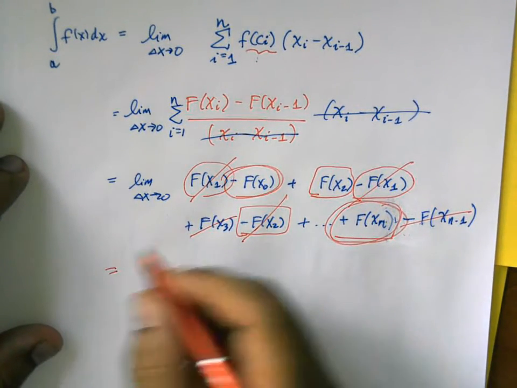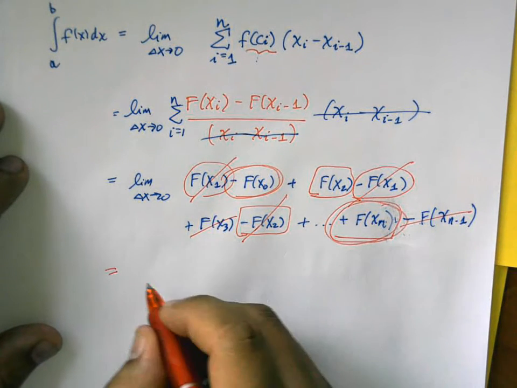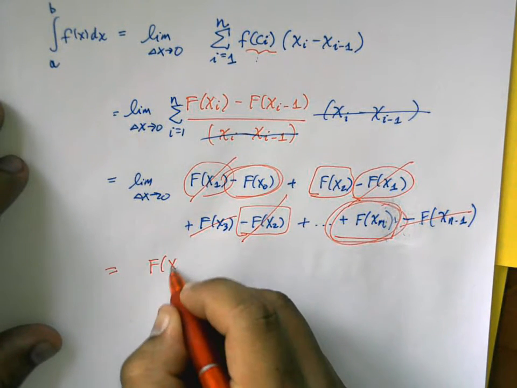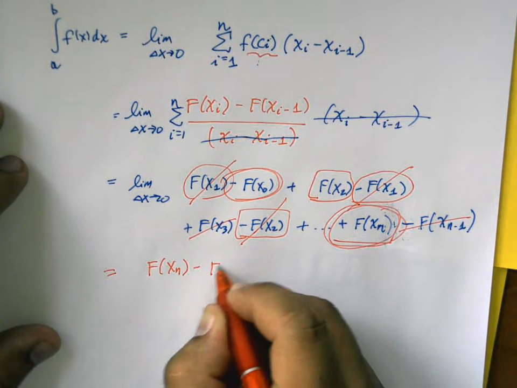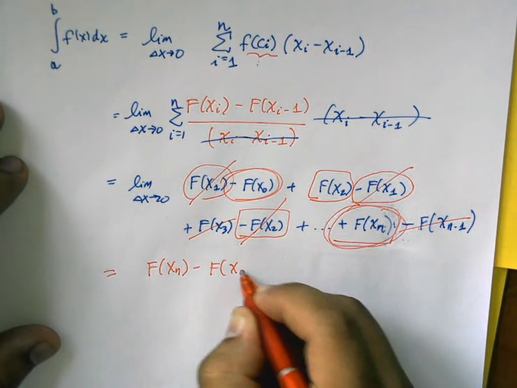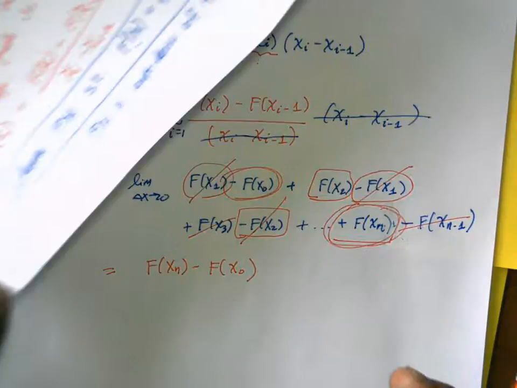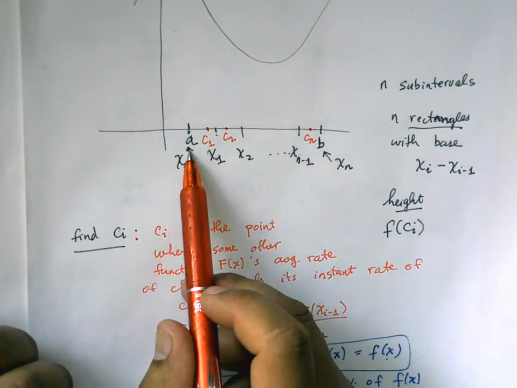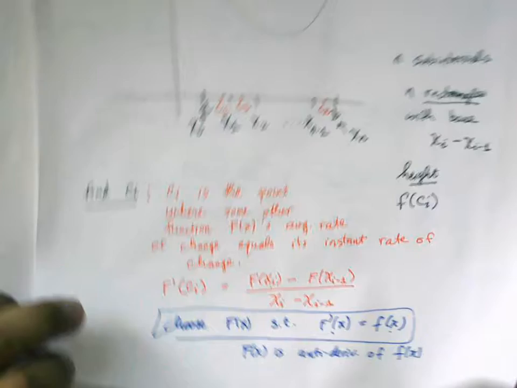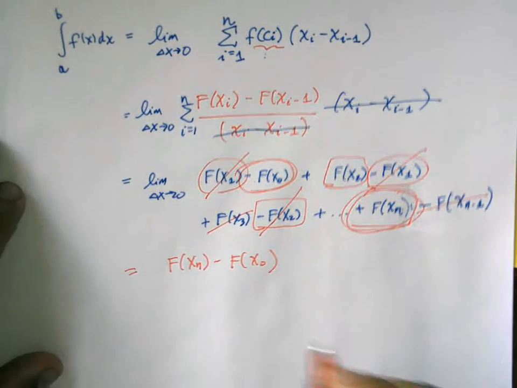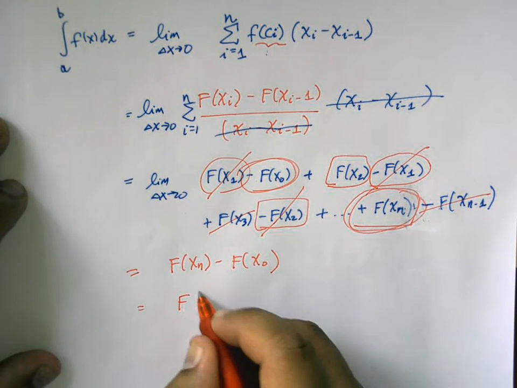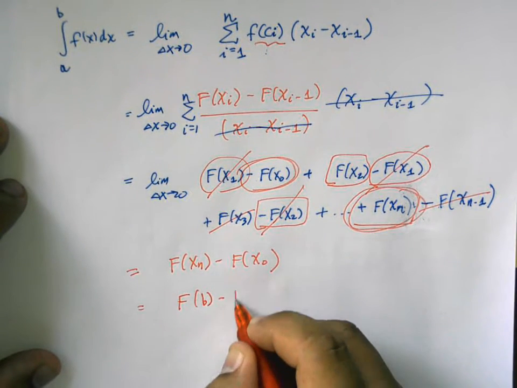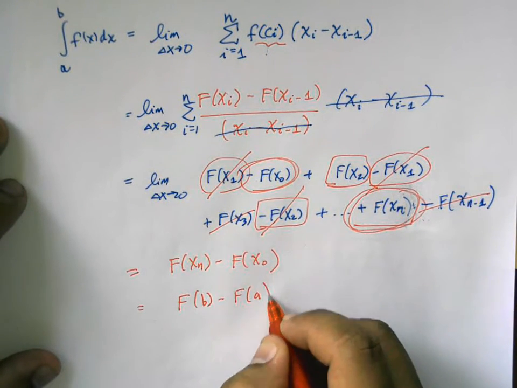The limit, once you cancel all these terms, doesn't even matter. So this is f of x n minus f of x0. But wait a minute. x0 is just a, and x sub n is just b. So we can rewrite this as f of b minus f of a.